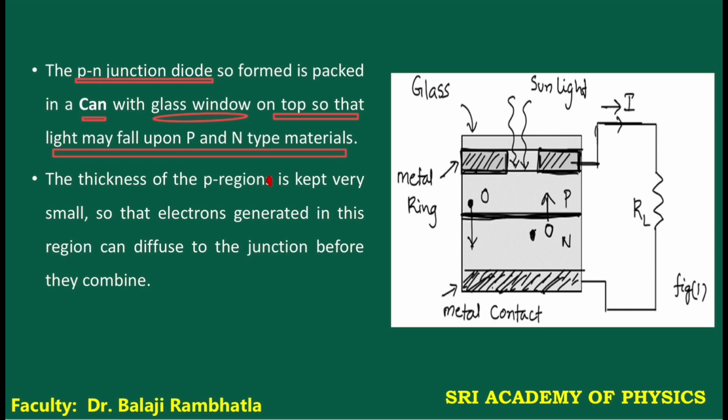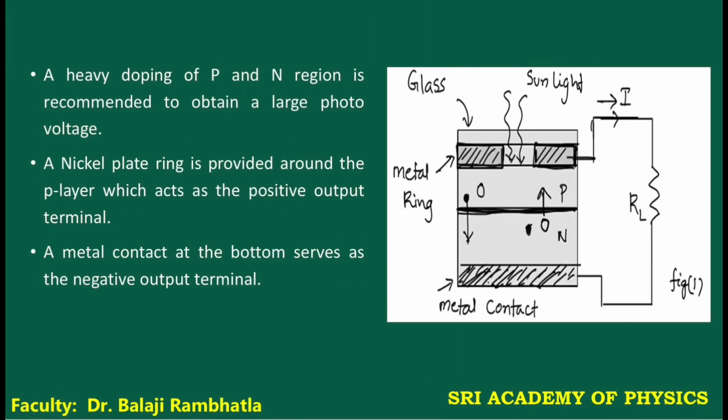For that purpose, we keep the thickness of the P region very small, so that the electrons generated in this region can diffuse to the junction before they recombine. Now, here the P and N regions are heavily doped regions.